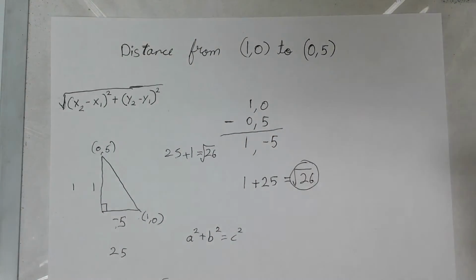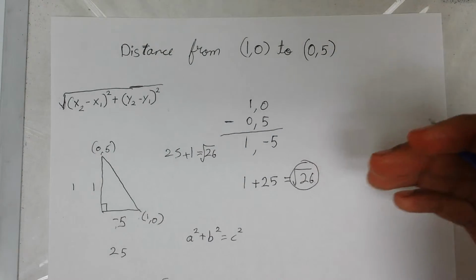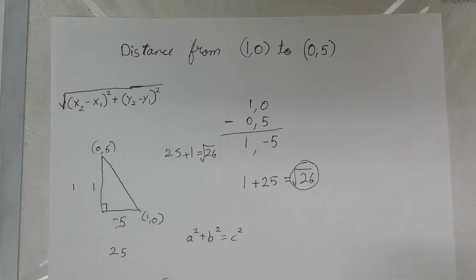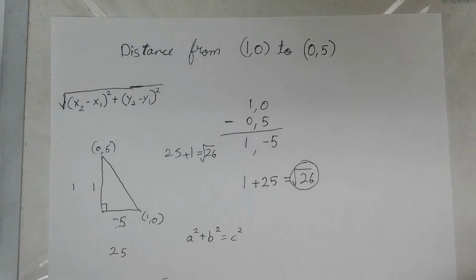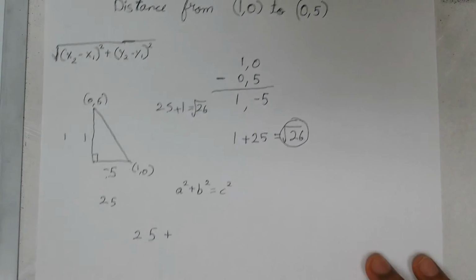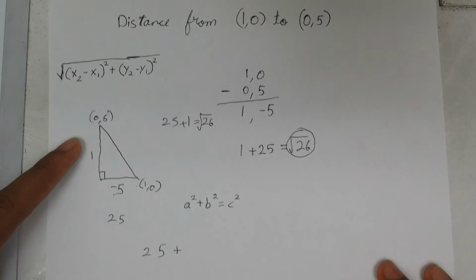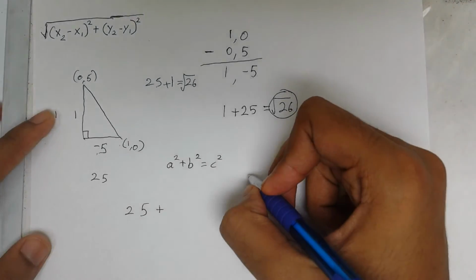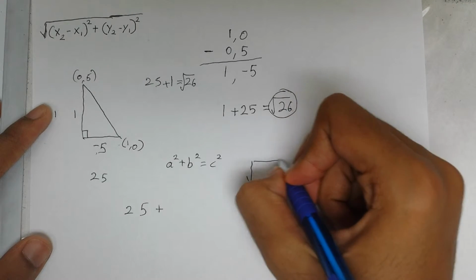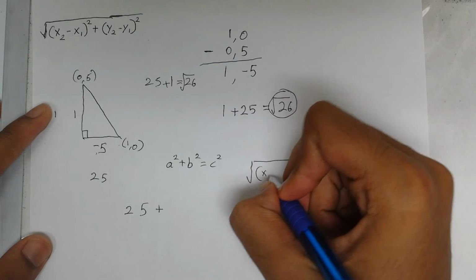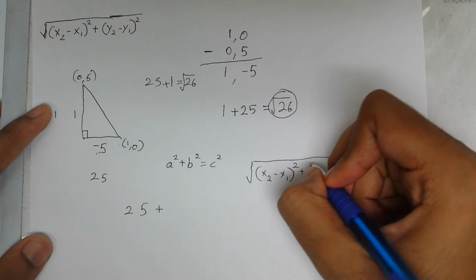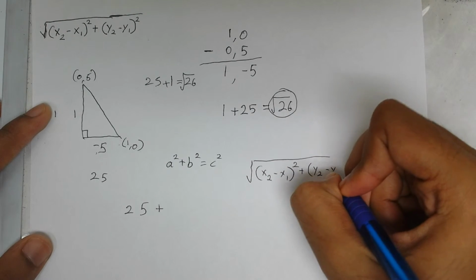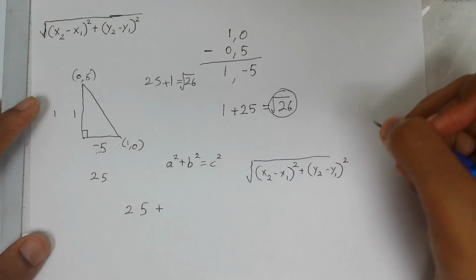So this was just a little short way to find the distance between these 2 points. Of course, we can check to see if this is actually correct by plugging these 2 numbers into the formula, and it'll show you that it's the correct thing. So let's do it over here. Let's write the formula down again. x2 minus x1 squared plus y2 minus y1 squared.